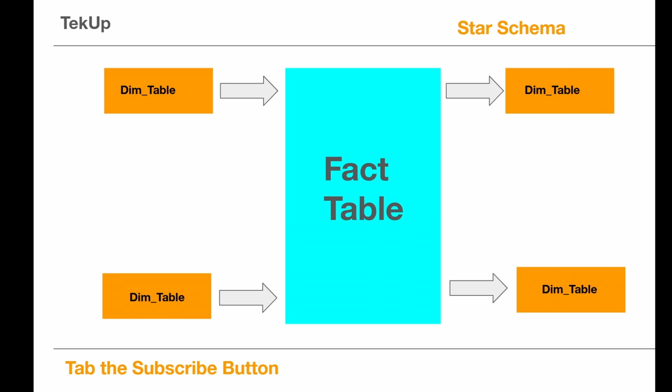Now, one thing you need to understand about the star schema is that it organizes data into one central fact table and multiple dimensional tables.